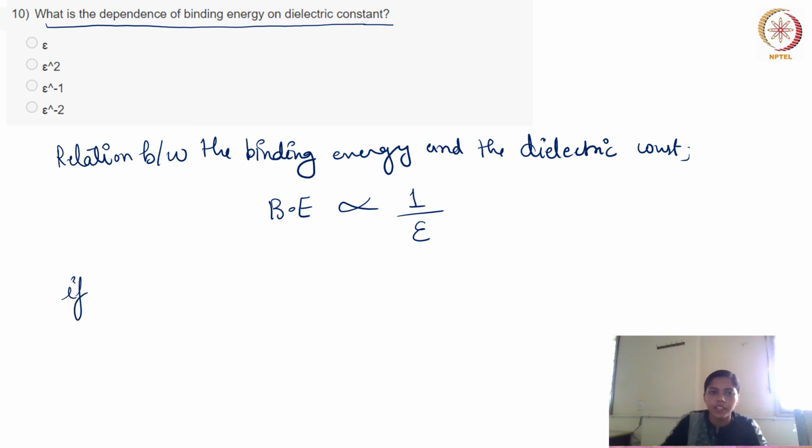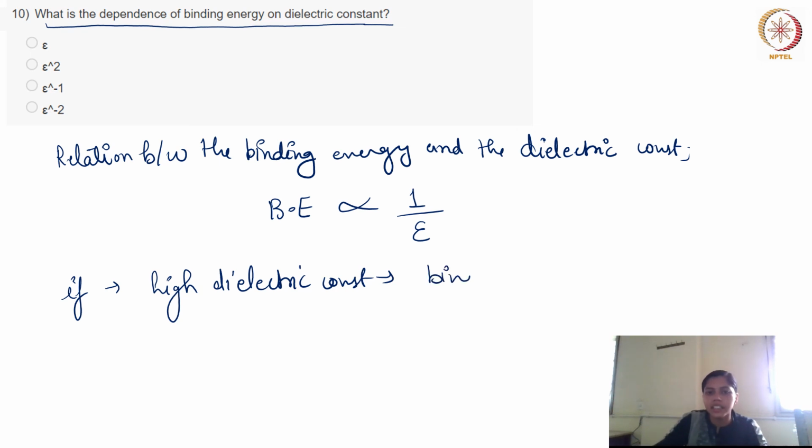So if there is a material which has a high dielectric constant, that means the binding energy is small or low.